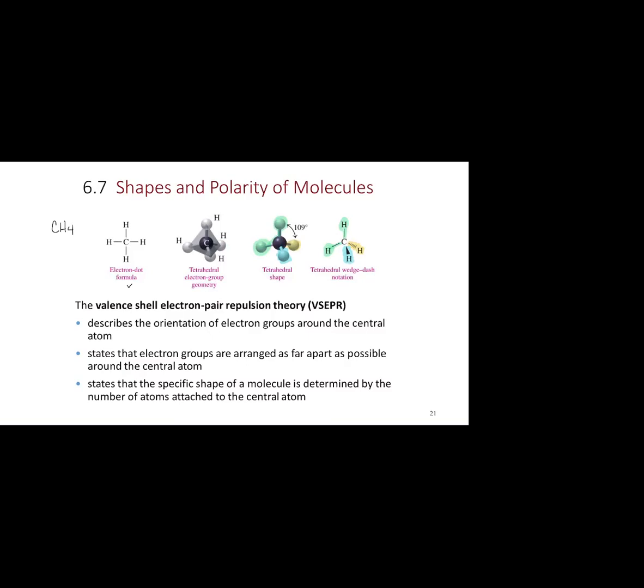This theory describes the orientation of electron groups around a central atom. It tells you how these electron groups are arranged as far apart as possible. Remember, that comes from the idea that electrons, since they have like charges, repel each other, and that's why this happens. And it tells you the specific shape of a molecule.